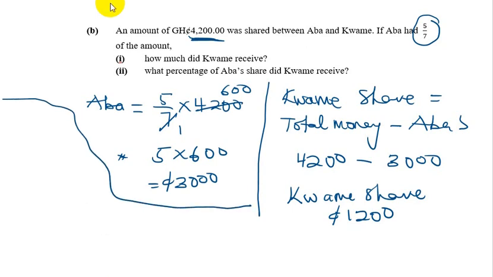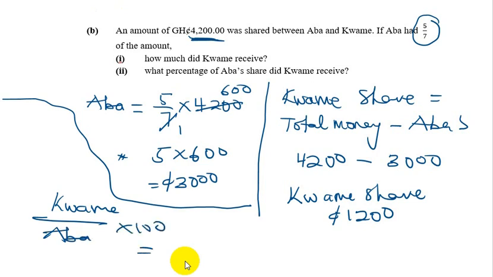The percentage will be on Abba's share. So it will be Kwame's share over Abba's times 100. So that's going to give us 1,200 all on 3,000, multiplying 100, and that is going to give us 40%.